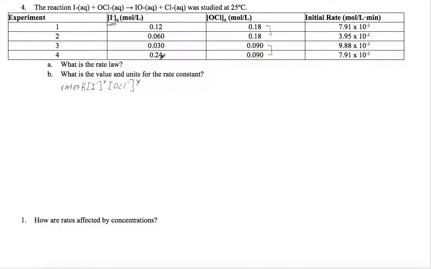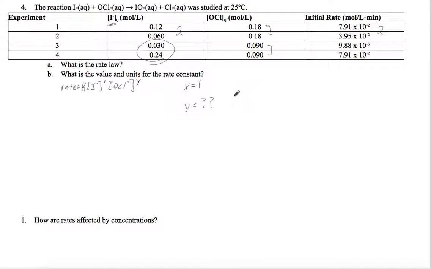Now 0.24 and 0.03 aren't a nice multiple of each other, but 0.06 and 0.12 are. This is a multiple of 2. That's constant, and this is a multiple of 2. So that means that our I has to be raised to the first power, so x is equal to 1.